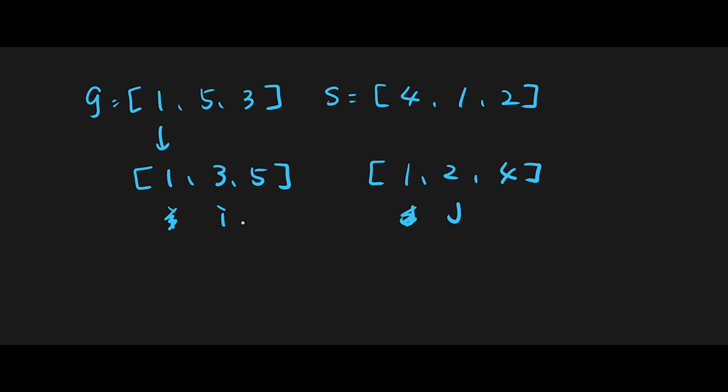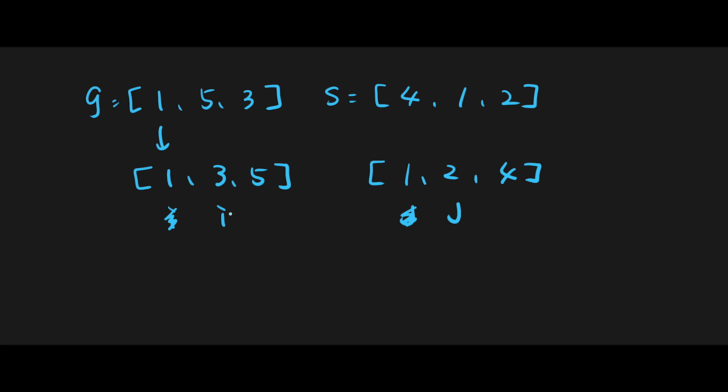Now again we check both index numbers, and they are less than the length of each array, so we continue. In this case, the current child has 3 for greed factor, and the current cookie is 2. So this child is not satisfied with 2 cookies.